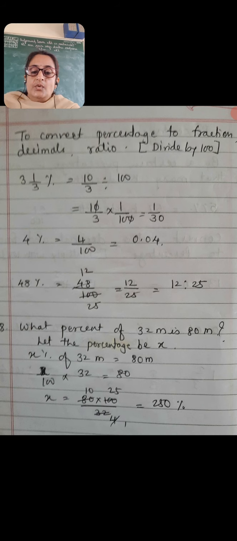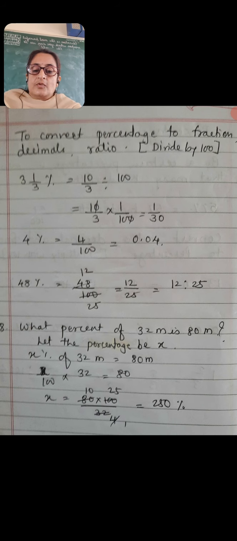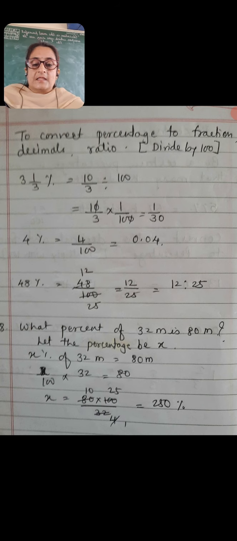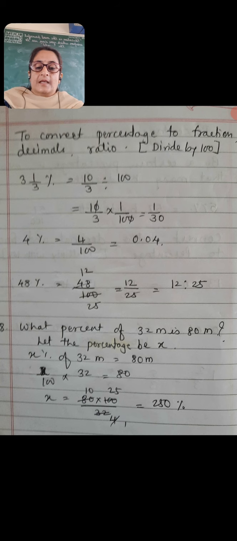Of becomes into 32, as it is equal to 80. Now x we will keep as it is on the left hand side and take 32 to the right hand side, and it will become reciprocal. So cancellation is possible. When you cancel the number, you will get 10 and 25. Multiply it, that is 250%. So 250% of 32 is 80.